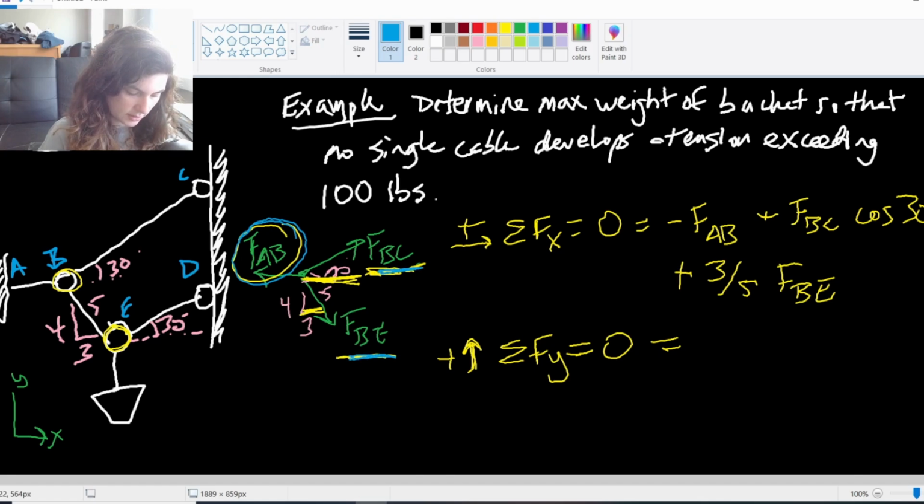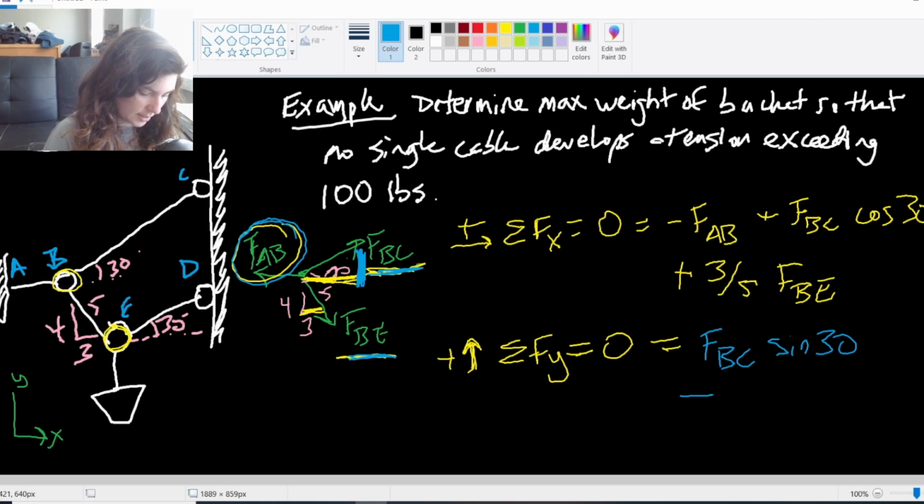So my FBC is in the positive y direction. That's this component right here, which is going to be FBC sine 30, because opposite of the angle 30 is this component here. Minus, because our FBE is going down in the negative y direction, minus FBE.